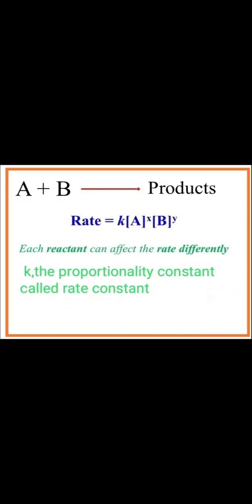That is, the role of reactant A and that of B on the rate of reaction is different. Here K is the proportionality constant called the rate constant of the reaction.